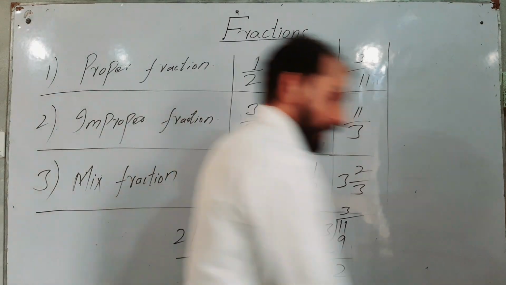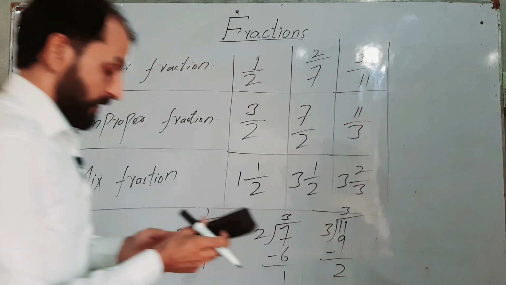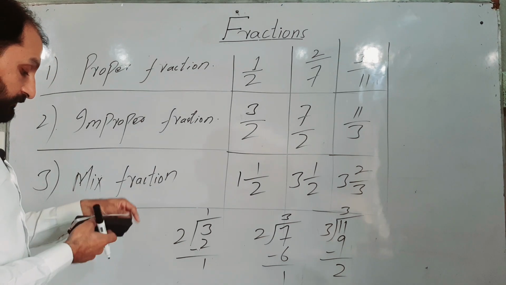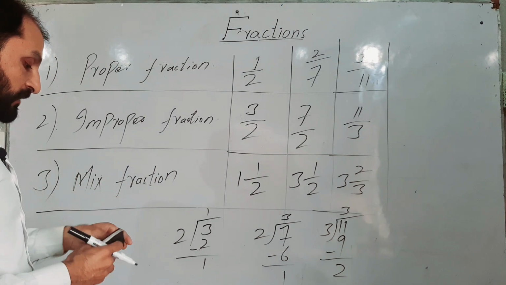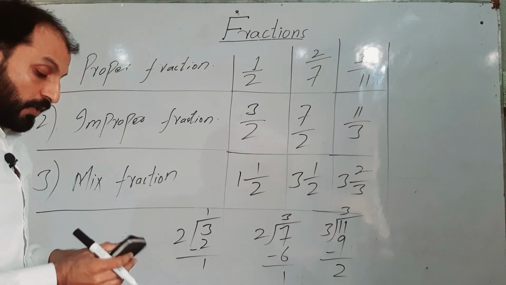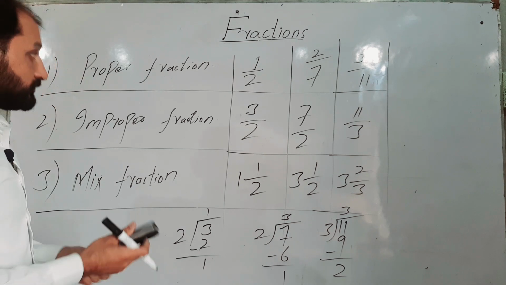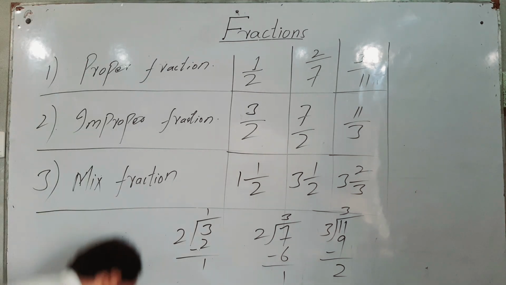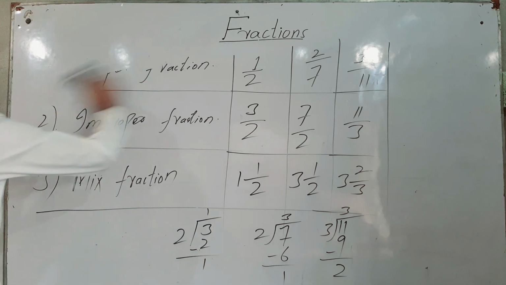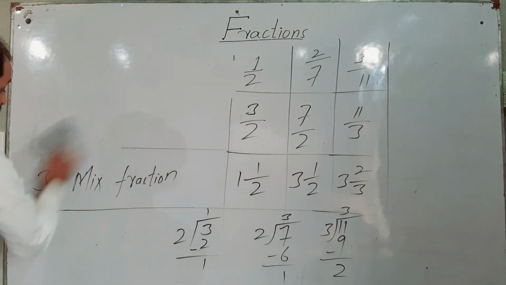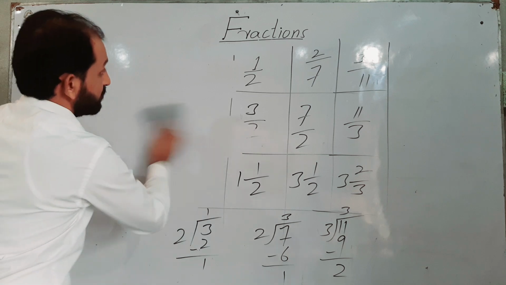These are the three types of fractions. Now we will compare them using the concept of equals to or not equals to. I hope you understand the concept of proper fraction, improper fraction and mixed fraction.